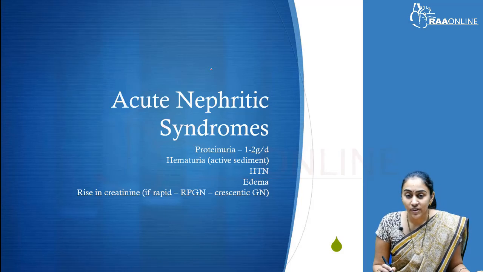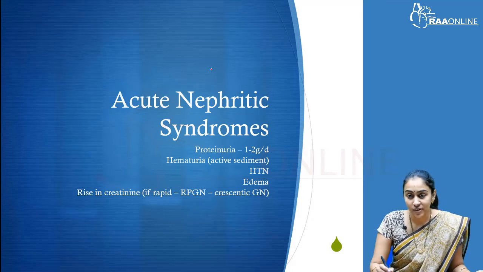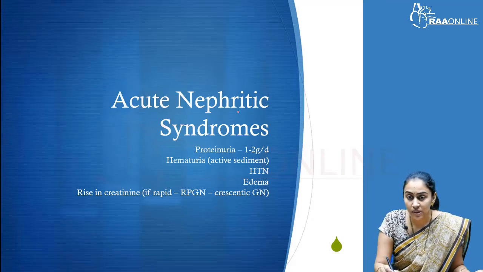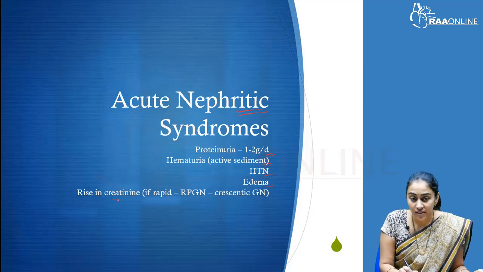So what is an acute nephritic syndrome? We already saw this. In a nephritic syndrome, there is going to be an inflammation of the glomerular filtration barrier. Patients present with a non-nephrotic proteinuria of less than 3 grams per day, glomerular hematuria with an active urinary sediment, hypertension, edema, and there may be a rise in creatinine.